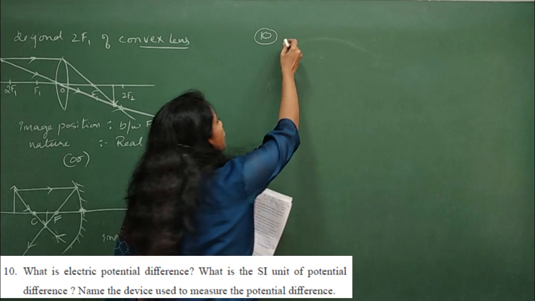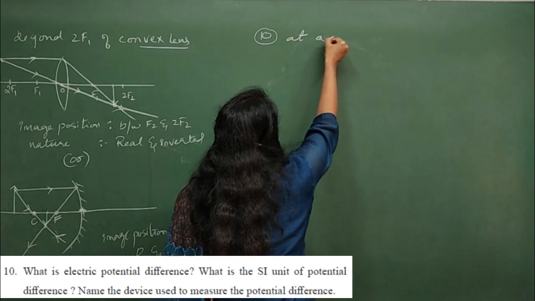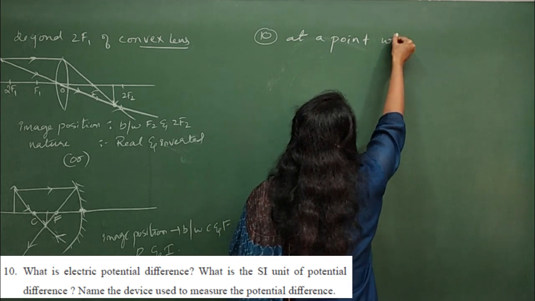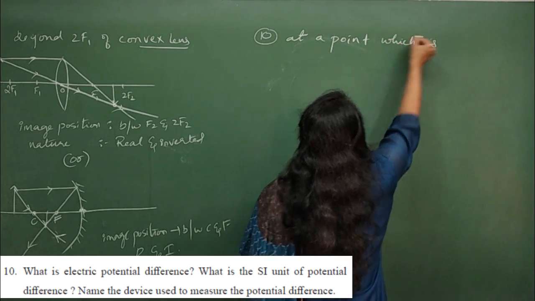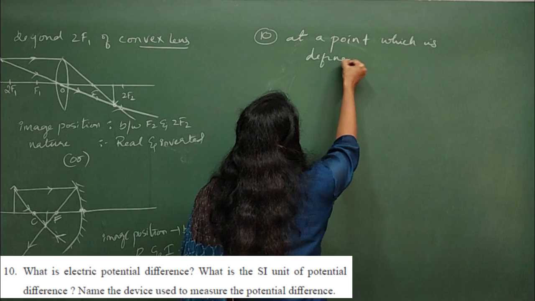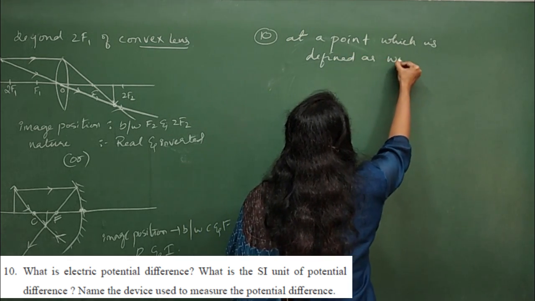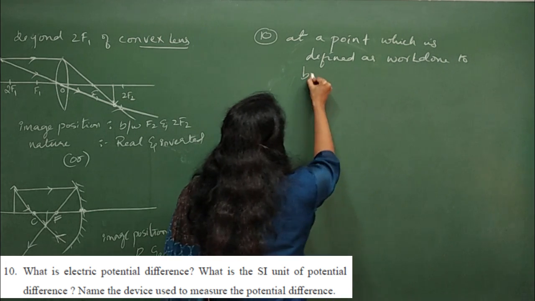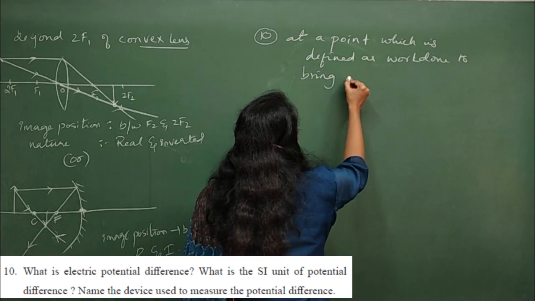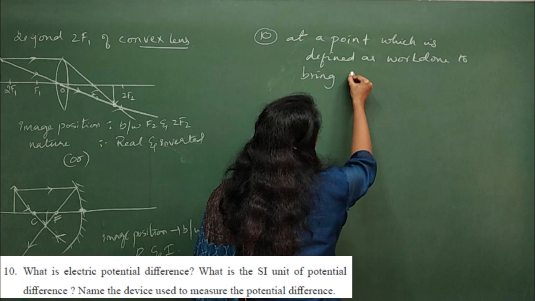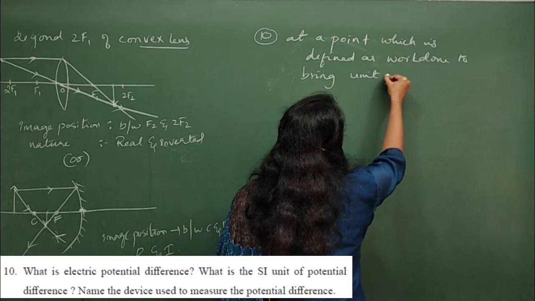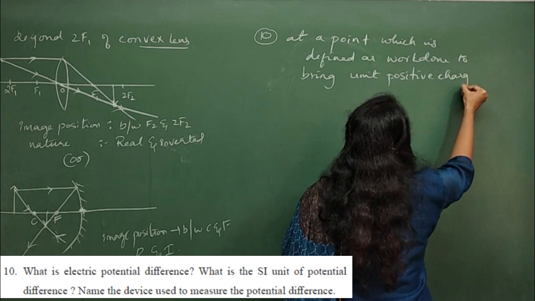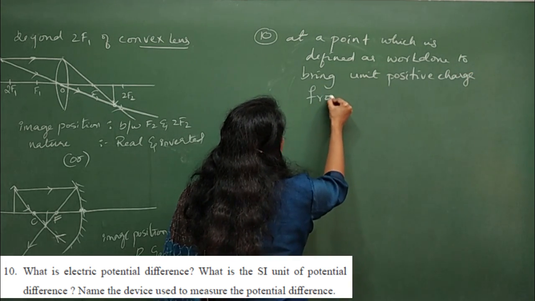The electric potential difference at a point is defined as the work done to bring a unit positive charge from infinity to that point.